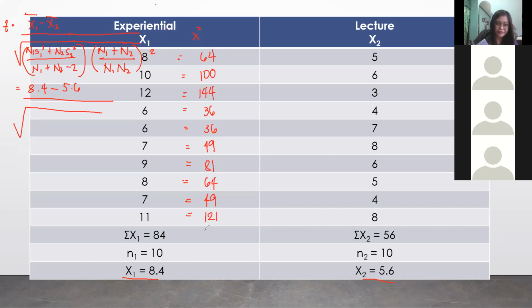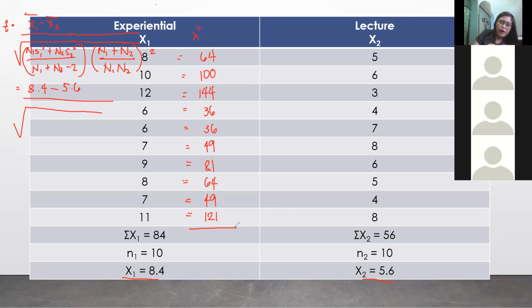So, ni siya karon class. Wait lang. Yeah. Ato ni i-add. Ilan siya? Wait lang, naay gitan-aw ko. Okay.